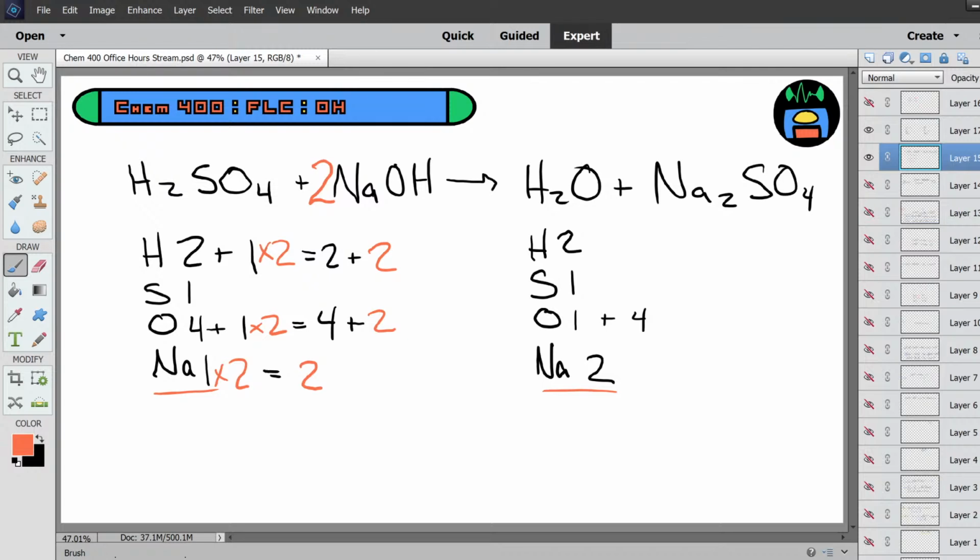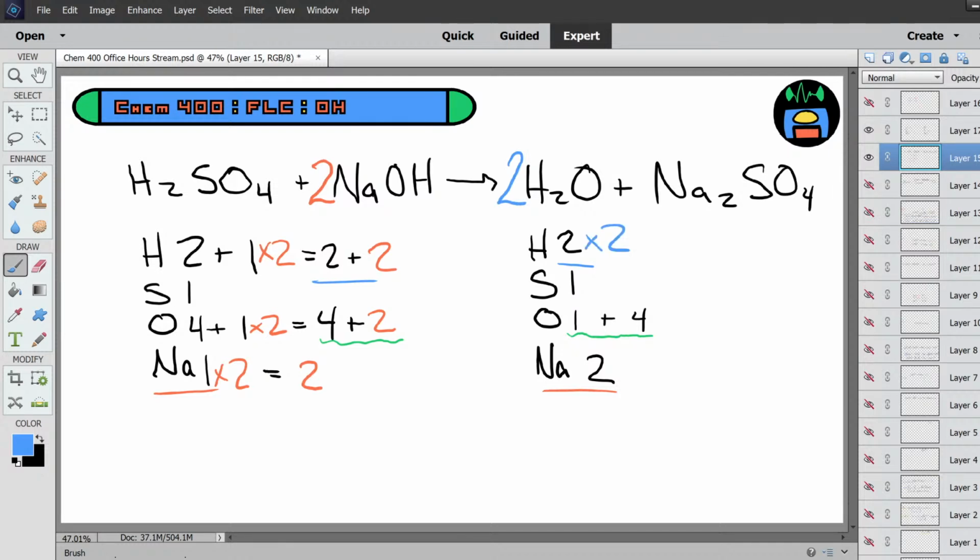Let's go ahead and take a look at what to do next. Again, go for the easiest stuff. Oxygen still looks fairly difficult. I don't know how many times 5 goes into 6, but hydrogen seems pretty straightforward. I do know how many times 2 goes into 4, and that is twice. So I'm going to multiply water by 2.